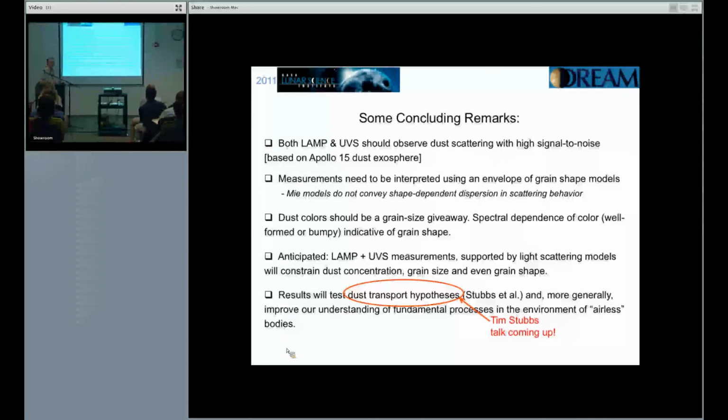Dust colors should be a grain size giveaway if you analyze the data properly. The bottom line is the LAMP measurements, supported with these kinds of models, should constrain the concentration, grain size, and even shape. I think this is a good segue into the next two talks later in this session. So thank you very much.